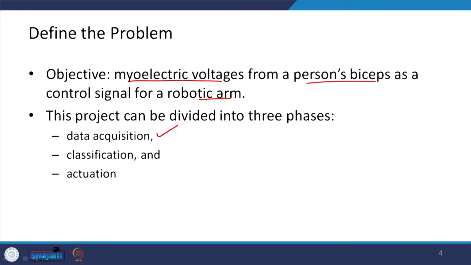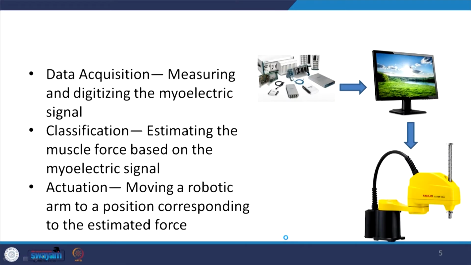One is acquisition of data from the person's bicep, and then classification of that data, and then ultimately the actuation of the robotic arm. Okay. So, we can divide this project into these three phases.